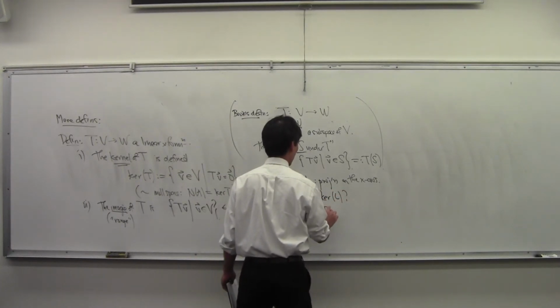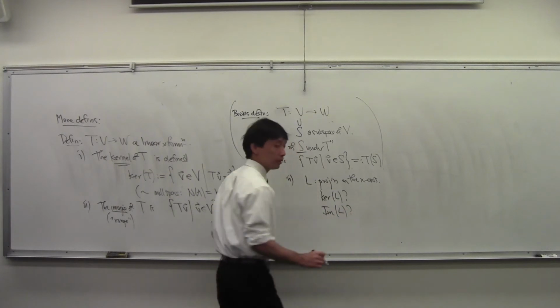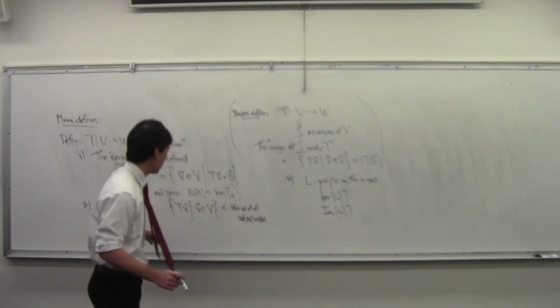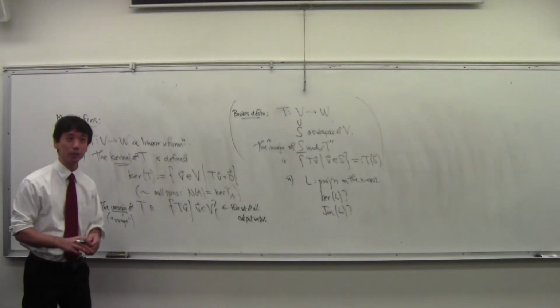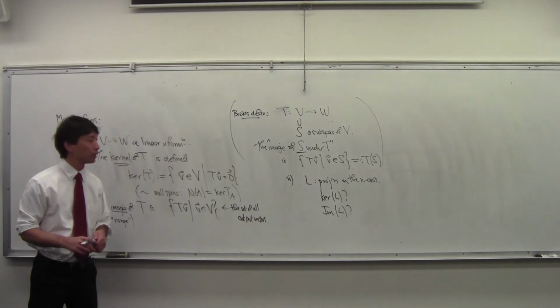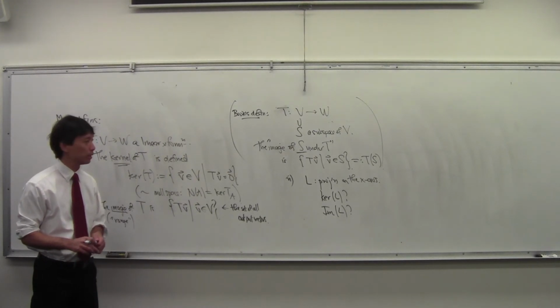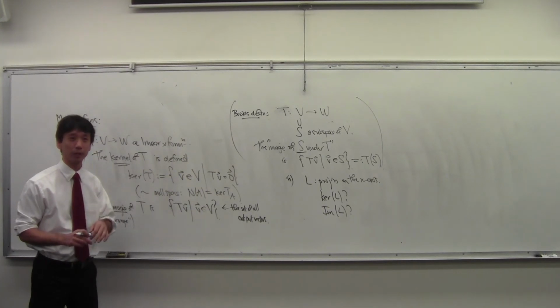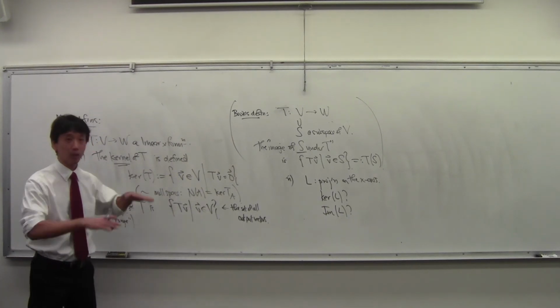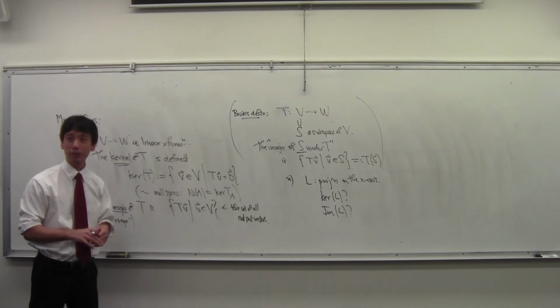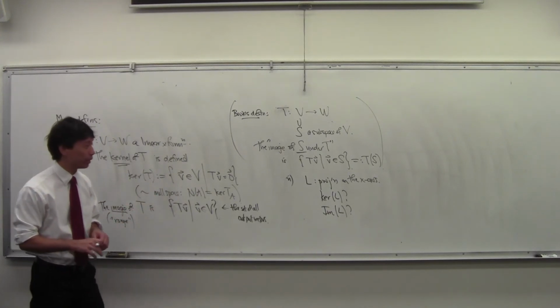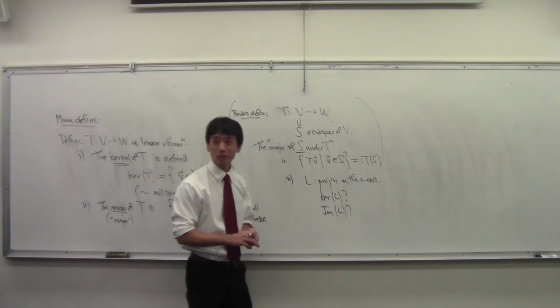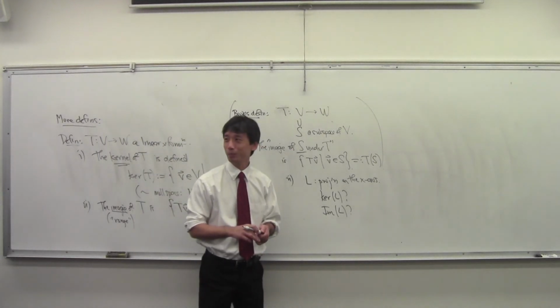What's the image of L? Using the common definition of image. Okay, so think for a few seconds. What's the kernel of L? Well, it's everything that will be sent to the zero vector. What's the image of L? Well, it's the collection of all outputs of L. Talk with somebody next to you or behind you.